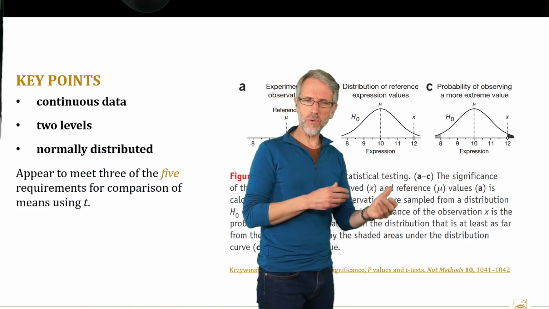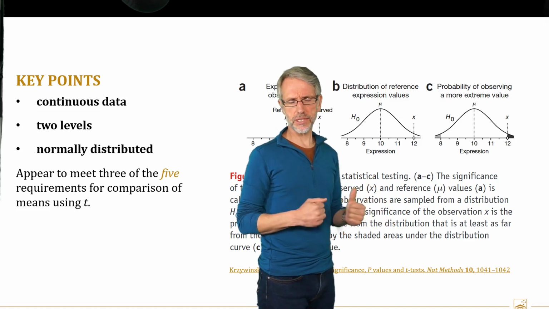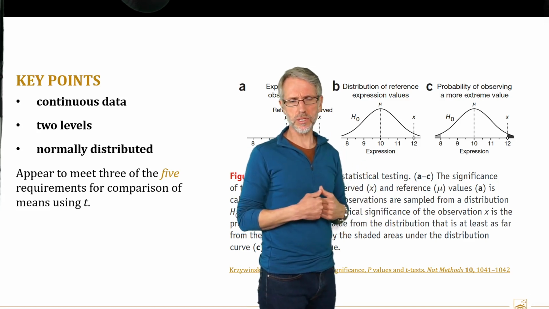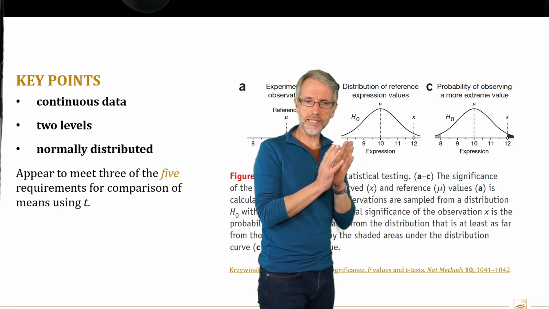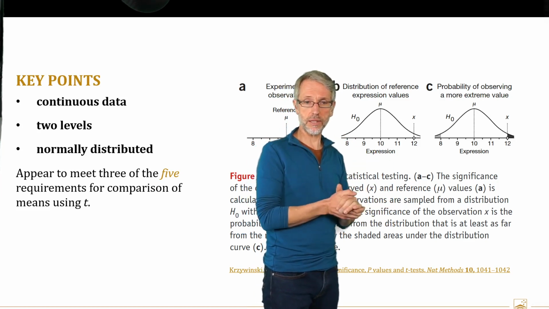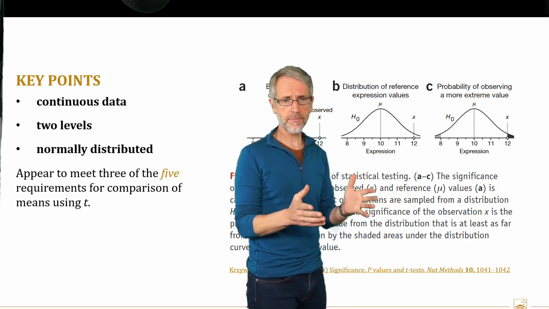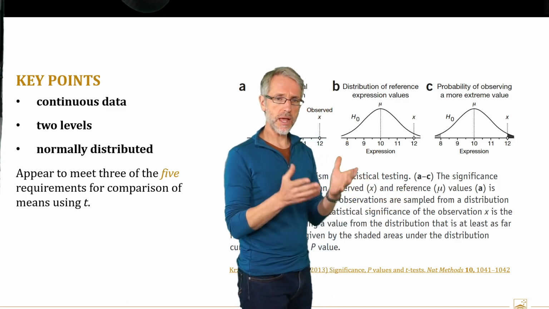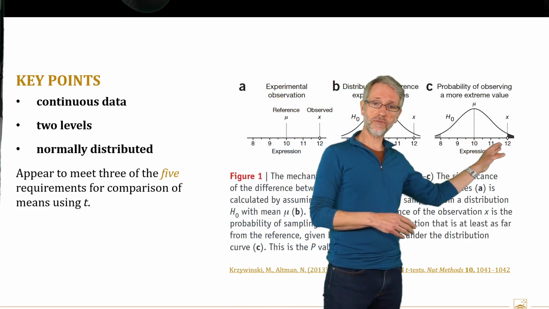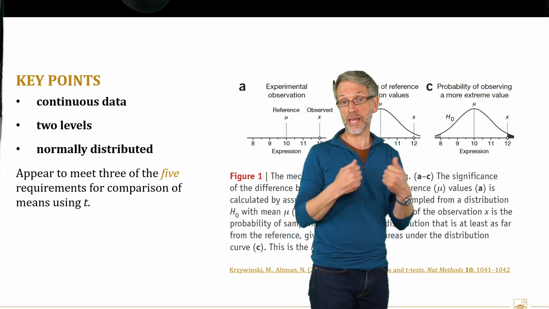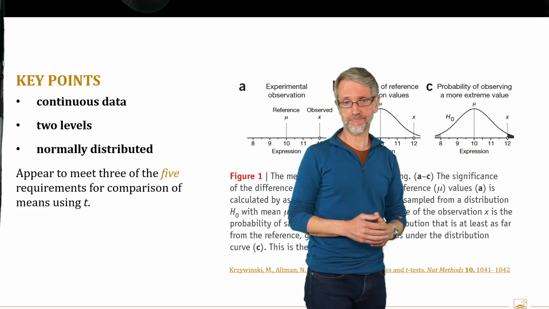But of course, more and less are quite qualitative terms. We need something a little more solid than that. How do we define what is less likely or more likely? Well, we have that threshold, artificial as it is, of 0.05. Any p-value less than 0.05, we say that we have evidence to reject H0.